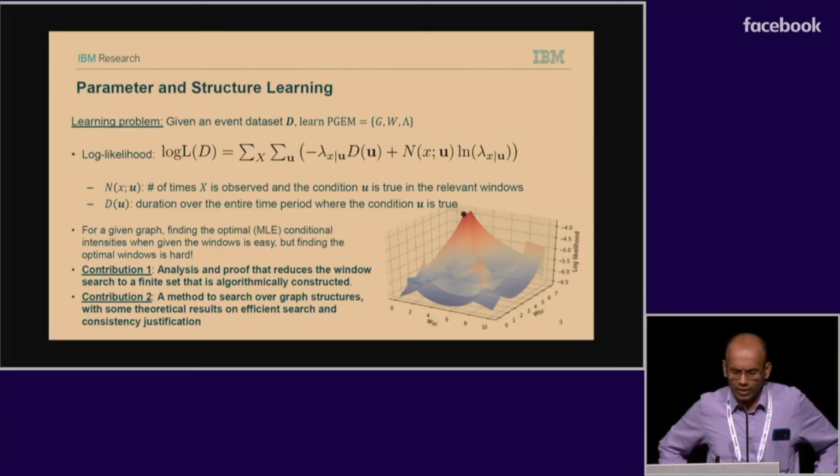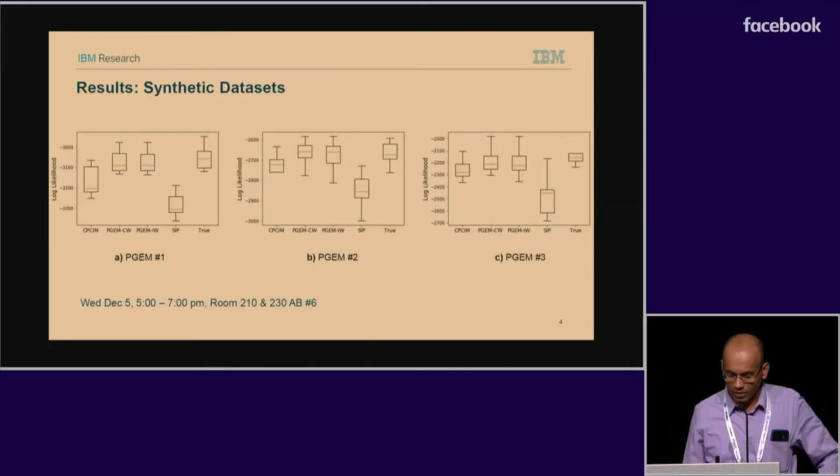So there are two quantities here that matter: the number of times that the child process is observed in any given parental state, and how long does that parental state last over the entire timeline. So optimizing it is easy when you have knowledge of the structure as well as the parameters. When you have knowledge of only the structure, you need more work to get the parameters. And finally, you need some work to search over all possible structures.